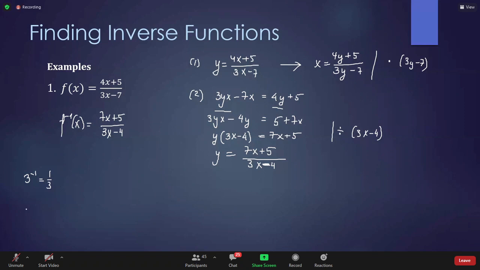Also, when you have any type of expression, if you write, for example, 4x plus 5 over 3x minus 7 to the power minus 1, then you would turn it upside down. It's not inverse. Only the notation f to the power minus 1 means f inverse. Whenever we apply this to expressions and numbers, it means reciprocal, turning it upside down.